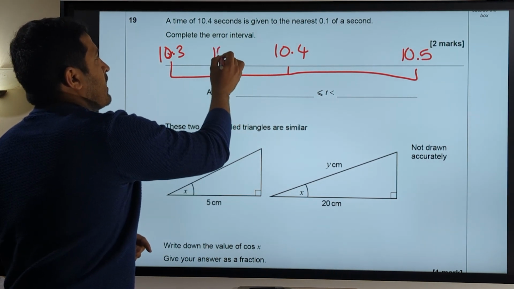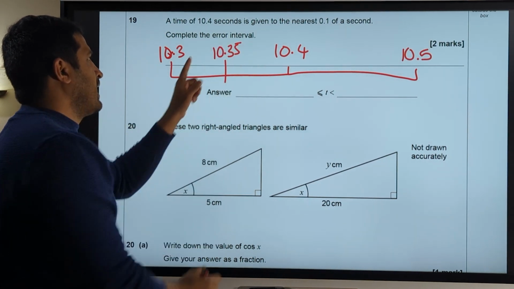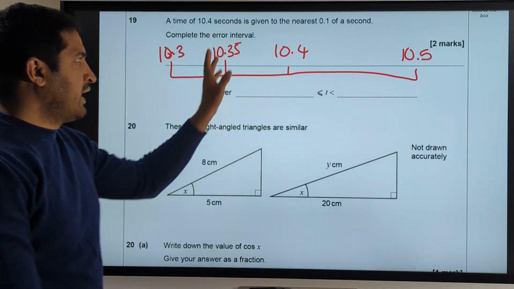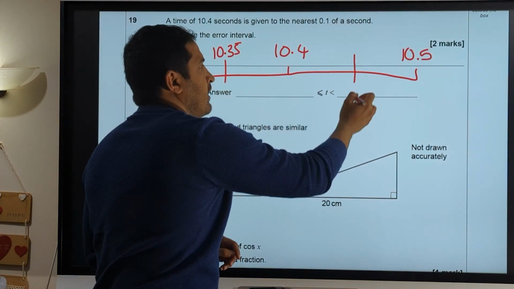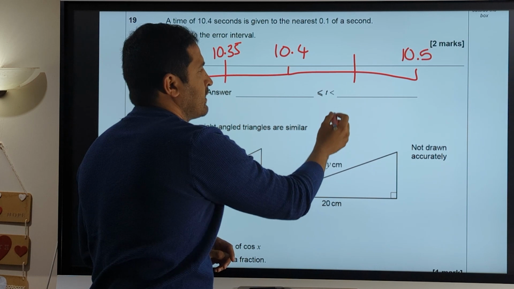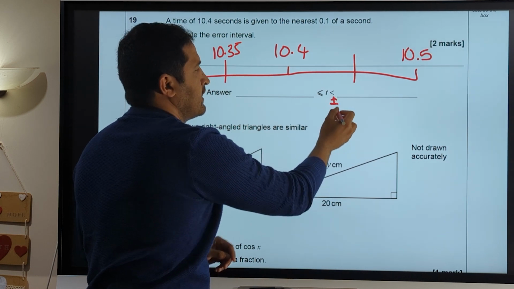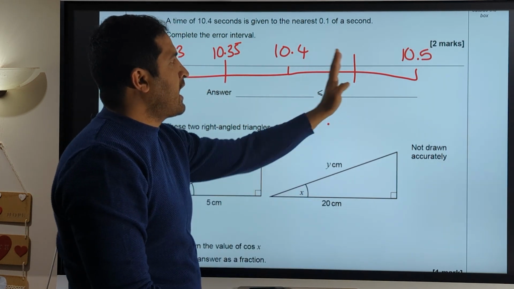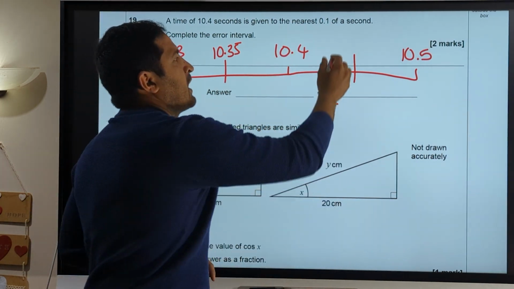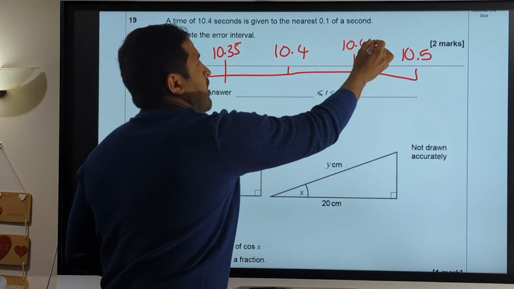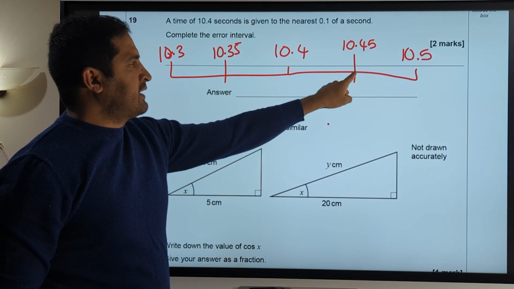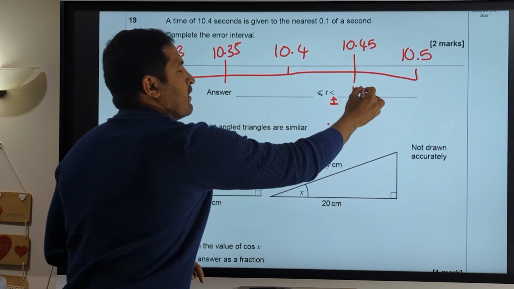If you start from here, 10.35 will round to 10.4, and then up to the point here, and that's what that sign means. This one here is strictly less than this point here. It has to round to 10.4, which is 10.45. So that's the highest boundary we've got.